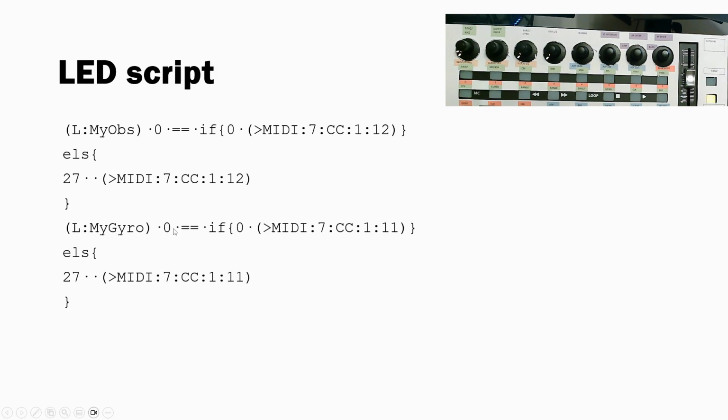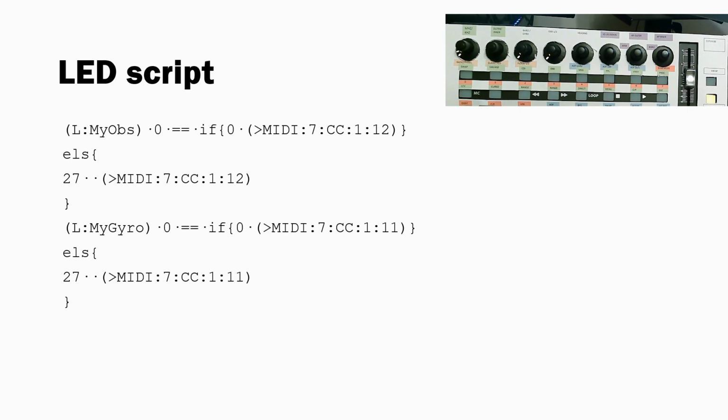If I'm not doing the gyro, it means I'm doing the barometer, which is the default, then turn all the LEDs off. If I'm doing the gyro, turn it on as a warning, 27.